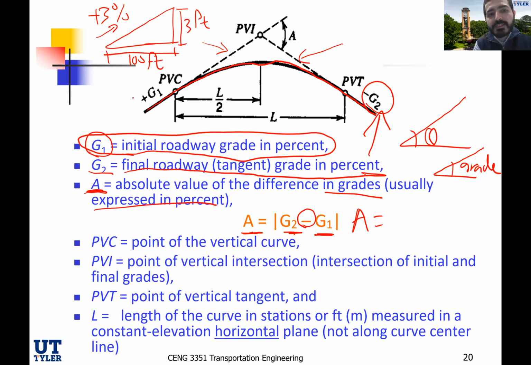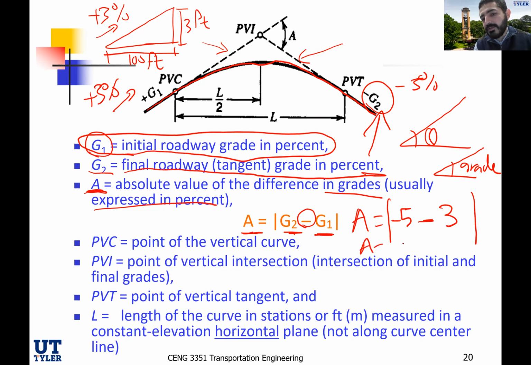Plus G1, let's say I'm going upward at plus 3%, and then downward at minus 5%. What is the A value? The A value is the absolute difference between G2, which is minus 5, minus G1, which is 3. In this case, A is going to be 8. Minus 5 minus 3.